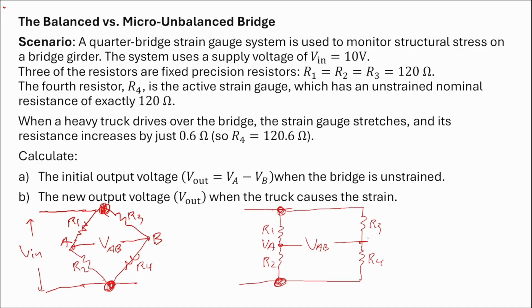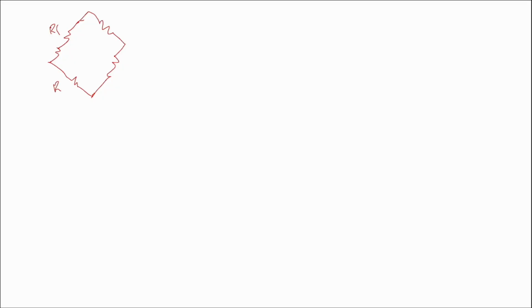We can express the voltage at this point, and then we can find the voltage between A and B. R1, R2, R3, R4, A, B. This is V_AB. So this is V in. So let's look at it. R1, R2, R3, and R4.